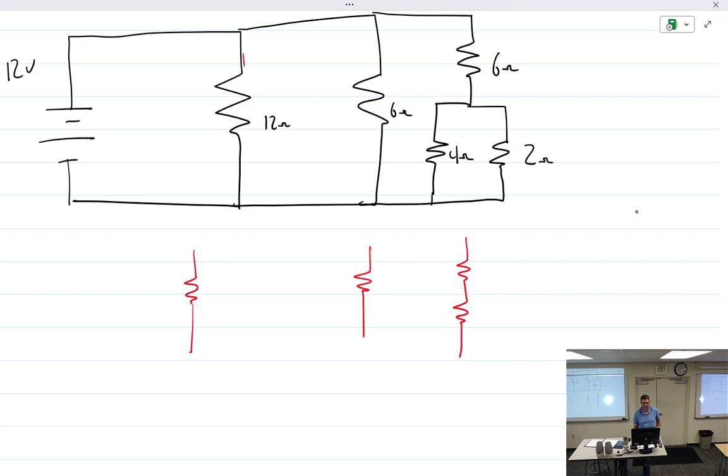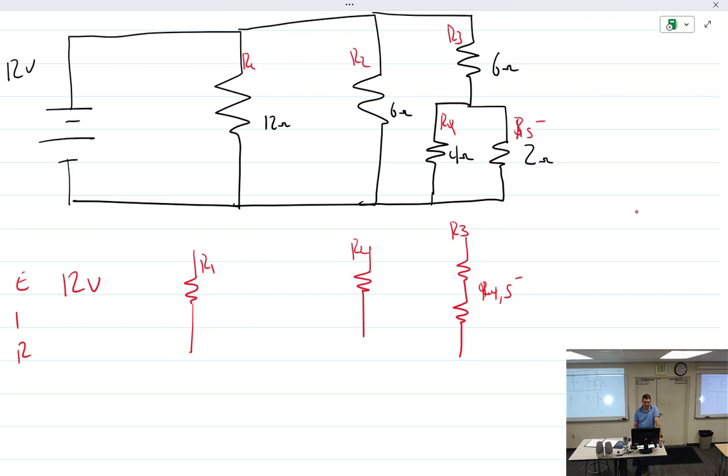So this can be R1, R2, R3, R4, and R5 right there in total. EIR total. So we have 12 volts.